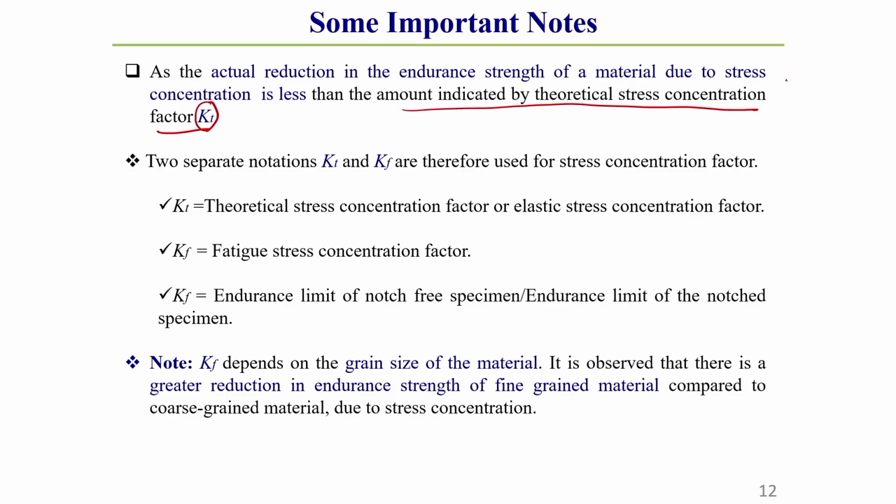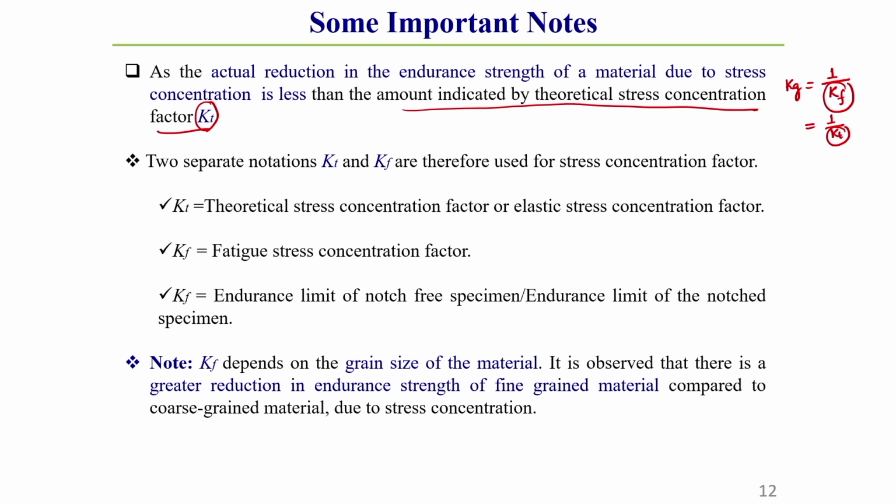Generally, I have already told you Kg is equal to 1 by Kf, or you can say the stress concentration factor. Now, here, instead of Kf, if you consider this Kt, then what happens? Here we are considering the highest value, because it is the highest stress divided by nominal stress.